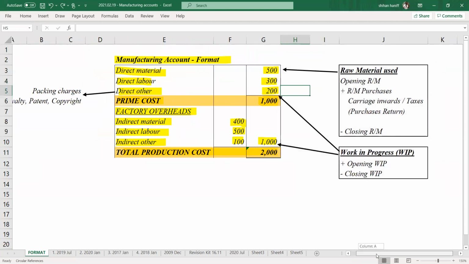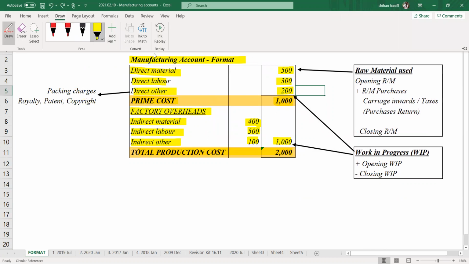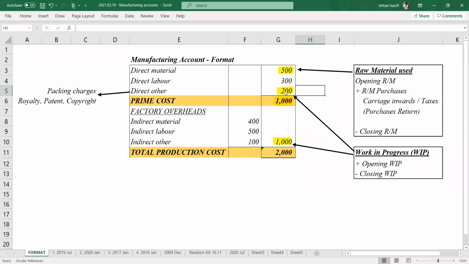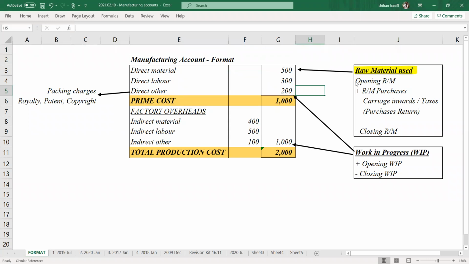Raw material used. So how do you calculate raw material used? So you can write this, what is in the right side. Raw material used is calculated opening raw material plus purchases minus closing raw material. If there is any carriage inwards, taxes we will add, returns will be deducted.